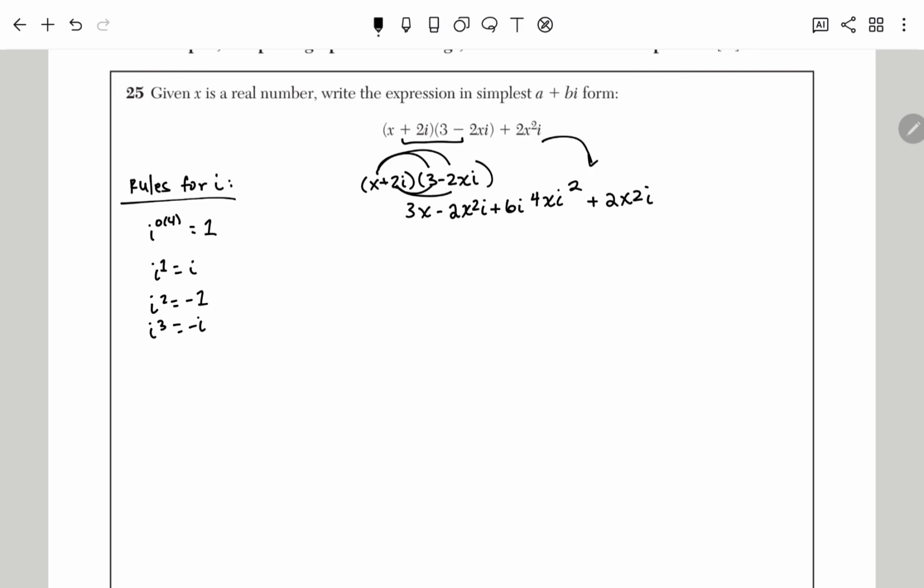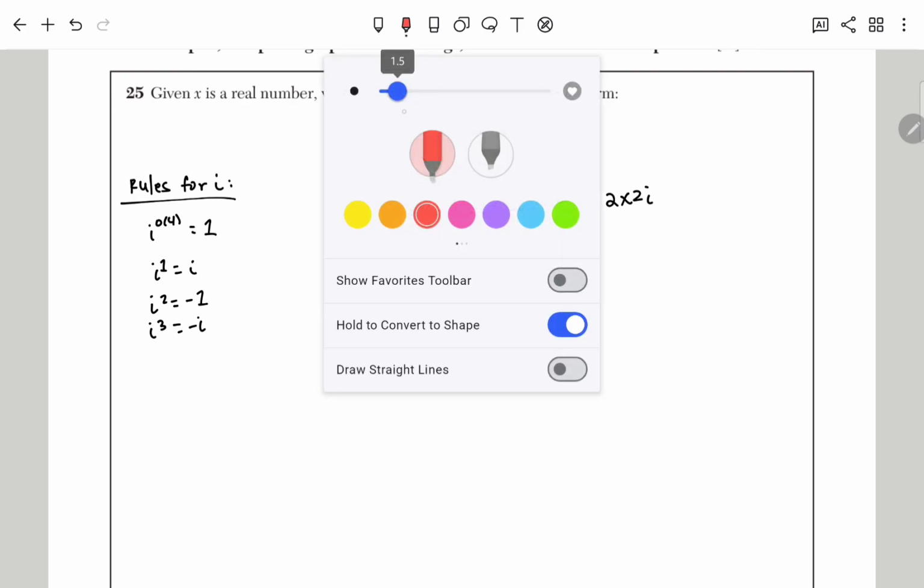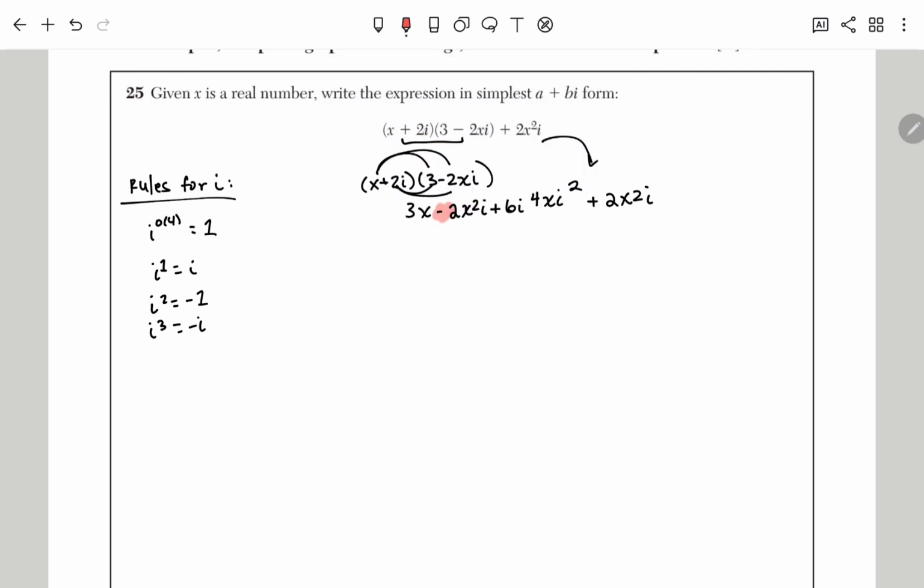Now I'm going to combine like terms. The -2x squared i and the positive 2x squared i cancel out, because one is negative and one is positive. Then we have to simplify our i squared, which is -1.